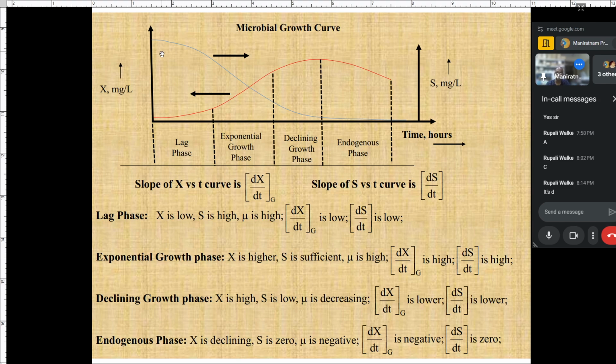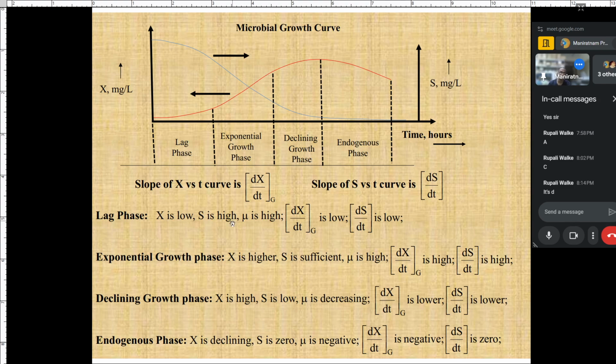This is representing our food, and this is representing our biomass. You can see that initially food was high, and after treatment it is very low. At the same time the population is increasing. So X versus S has been plotted, showing at different times where X will be high, X will be low, X will be declining, S will be zero, S will be high, S will be sufficient.